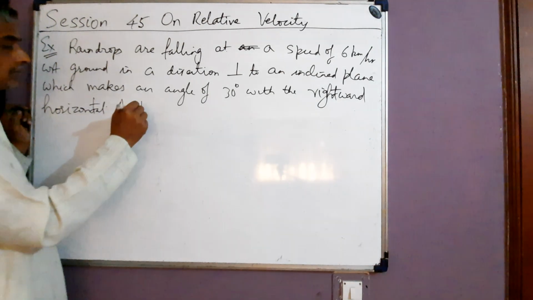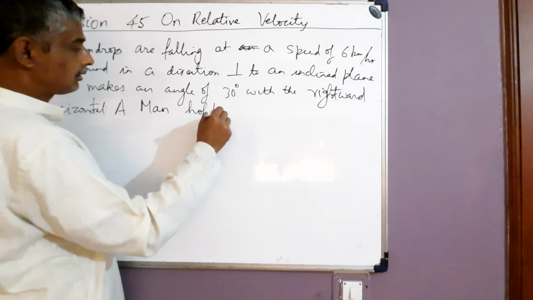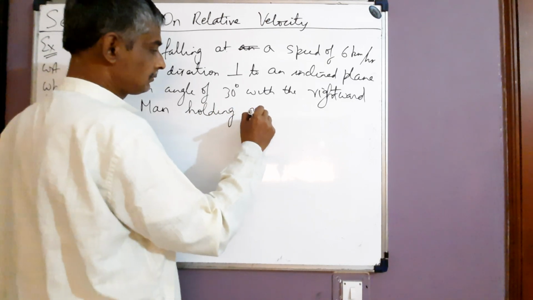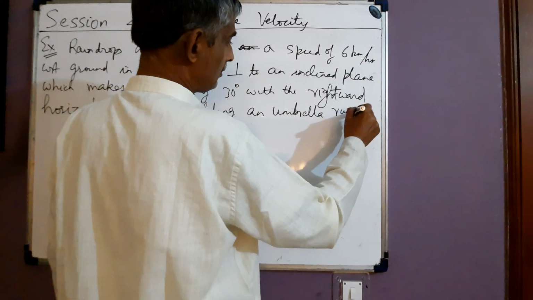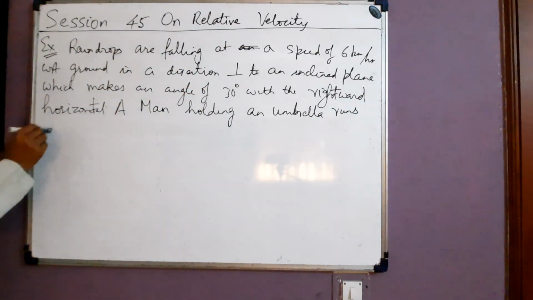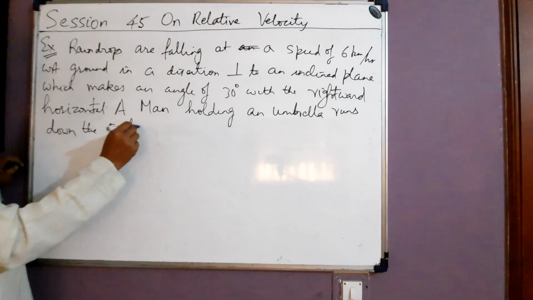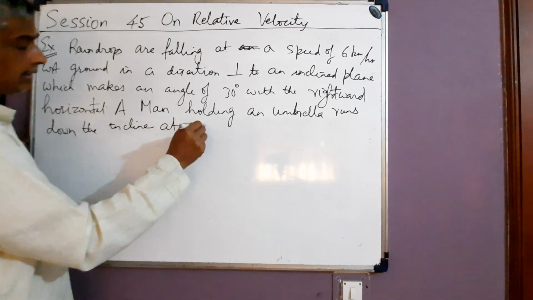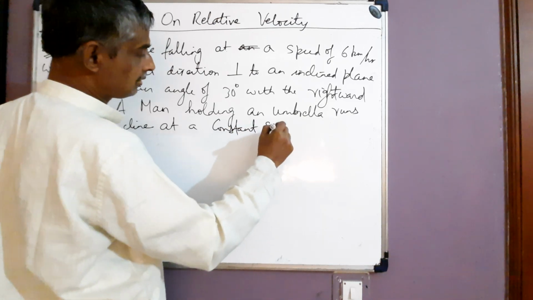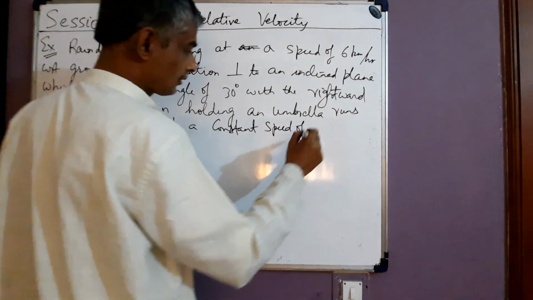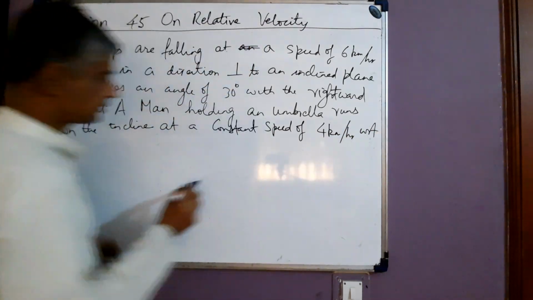A man holding an umbrella runs down the incline at a constant speed of 4 km per hour with respect to ground.